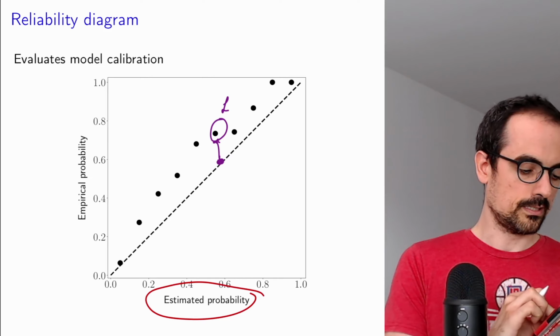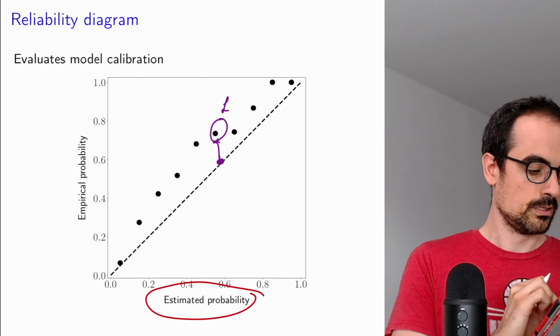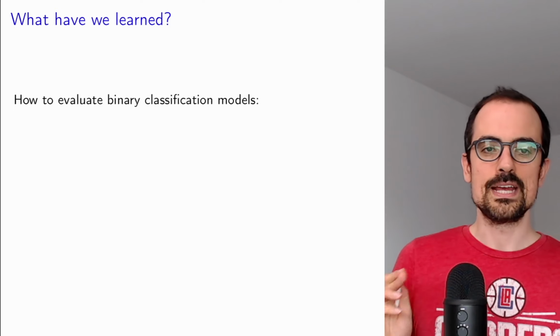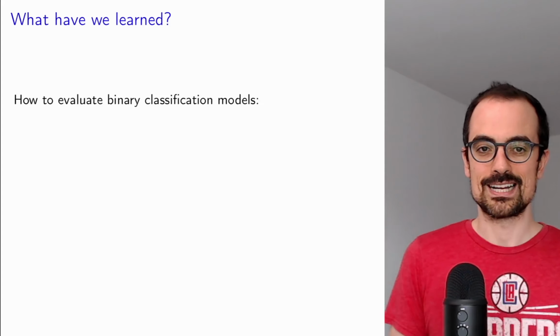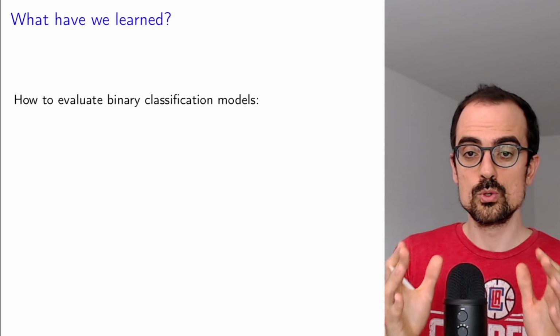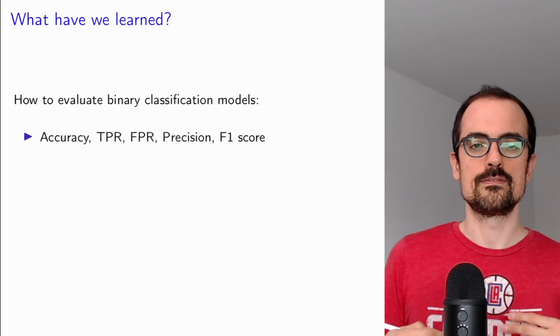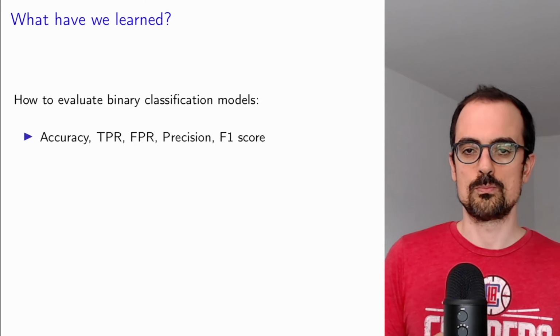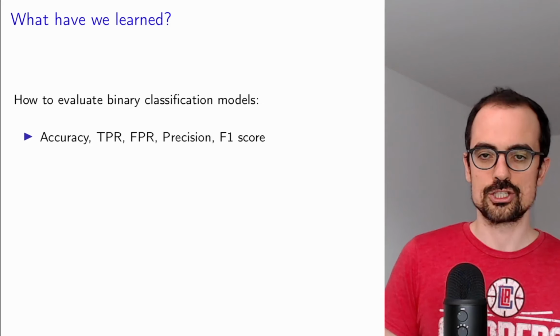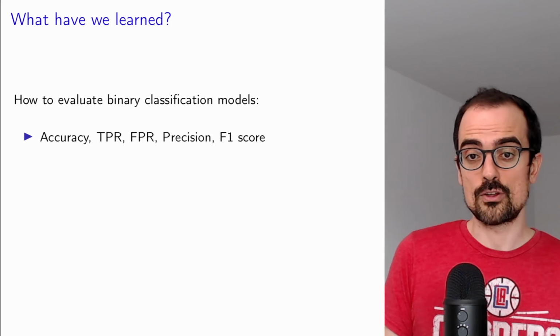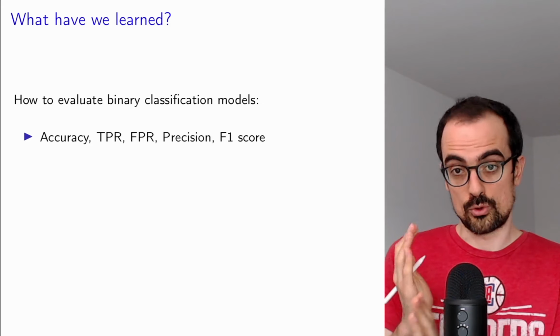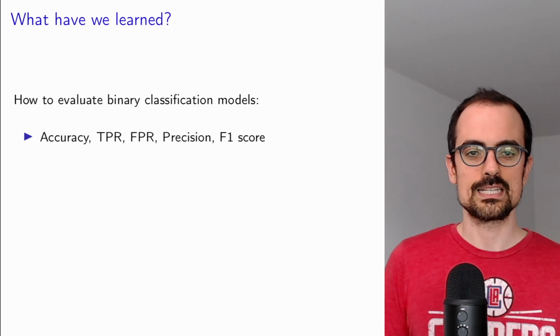And that's it. So what have we learned? We have learned that there's many ways of evaluating binary classification models, and the way you use will depend on what you care about in your application. We have defined accuracy, true positive rate, false positive rate, precision, F1 score, which depend on the threshold that you use to threshold the probability estimate coming out of the classifier.